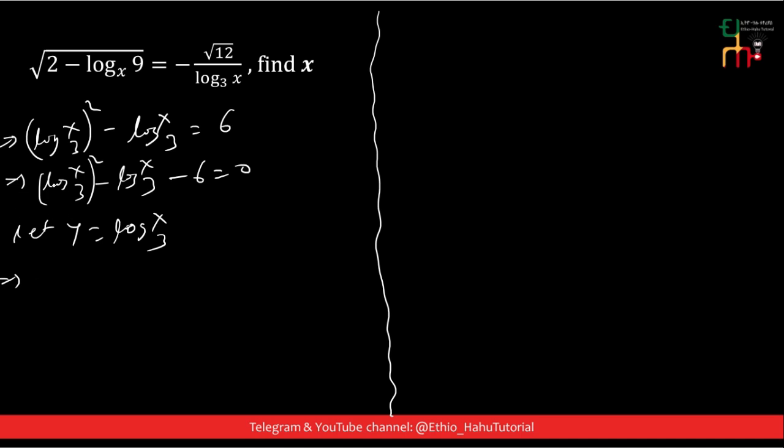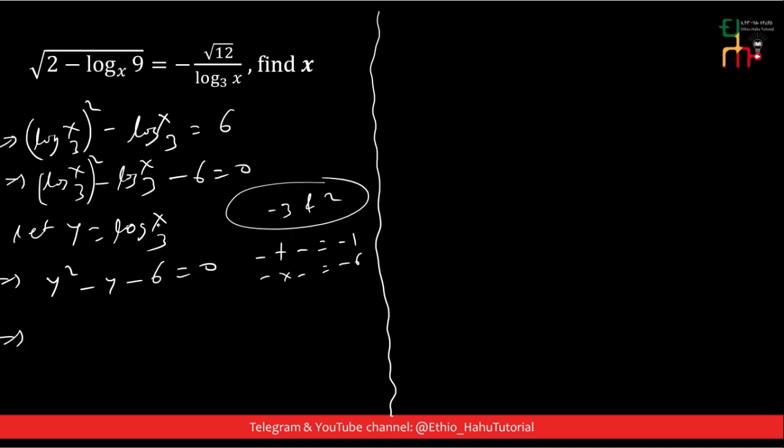Hence, y squared minus y minus 6 is equal to 0. Let's find two numbers whose sum is minus 1 and whose product is minus 6. These numbers are minus 3 and 2.